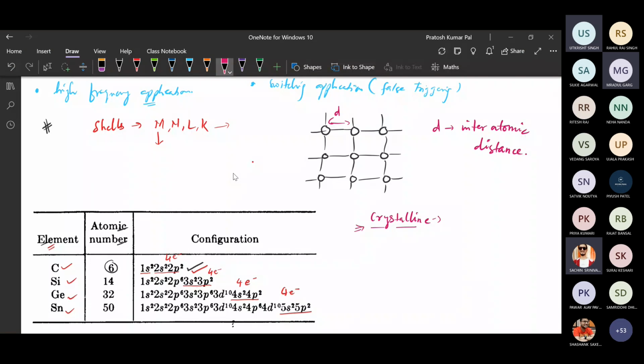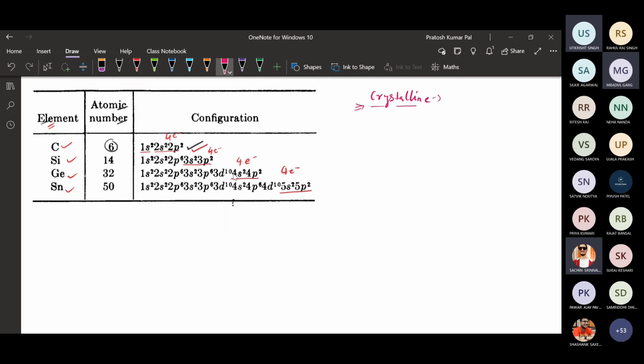So in the crystalline metal or semiconductor, basically we are going to vary the distance. So what happens if the interatomic distance is far apart?